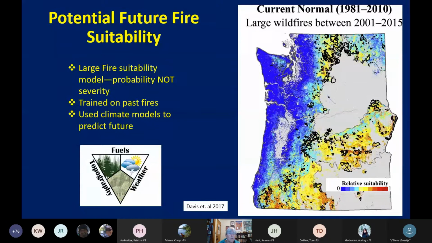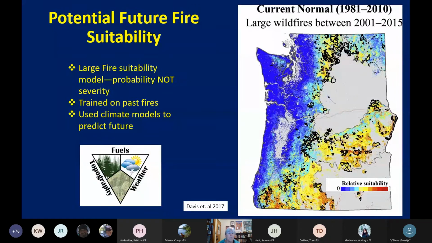And then he looked at what can we predict into the future. And topography is not going to change. And it's going to be very difficult to predict the exact fuel trajectory, both vertical as well as horizontal, into time.